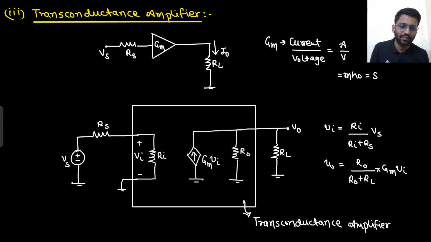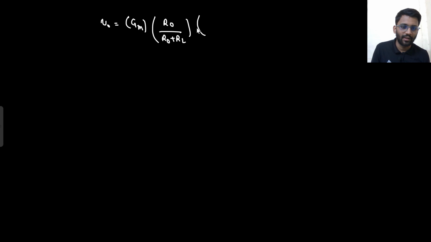GM is the different factor that you can write on the side, and then R naught upon R naught plus RL. What is your V in? Your V in is Rin upon Rin plus Rs into Vs.